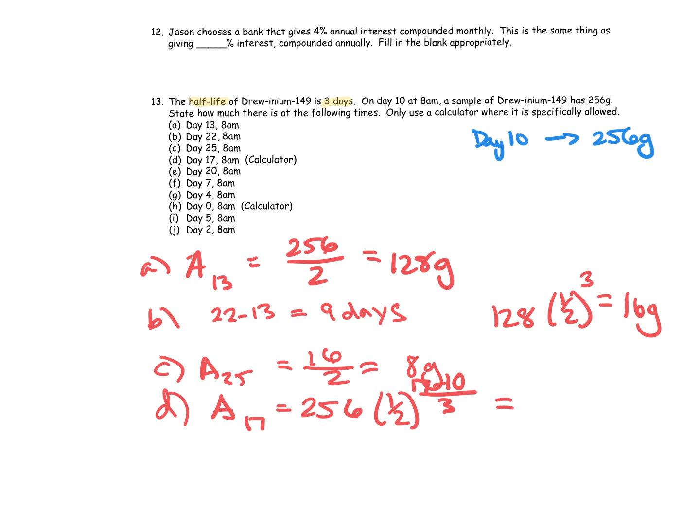So I'm putting in my calculator 256 times 1/2 to the 7/3. When I do that, I get about 50.8 grams. Oops, I wrote that badly. Let me erase that. 50.8.